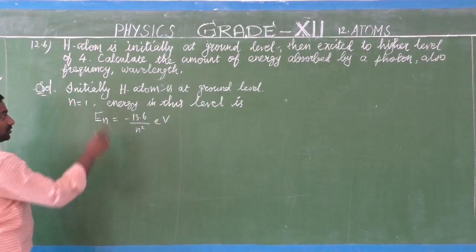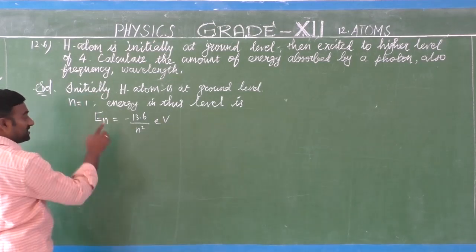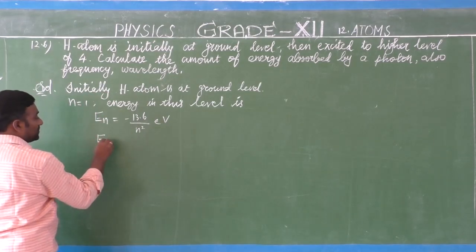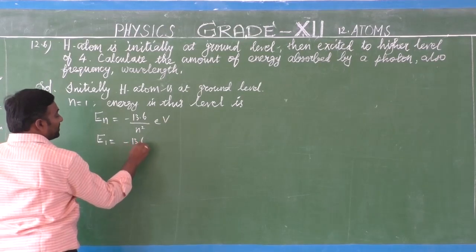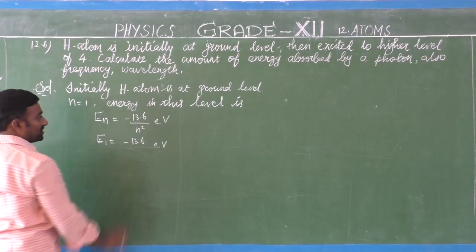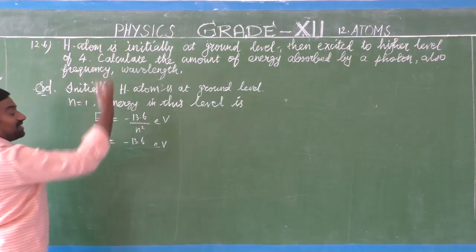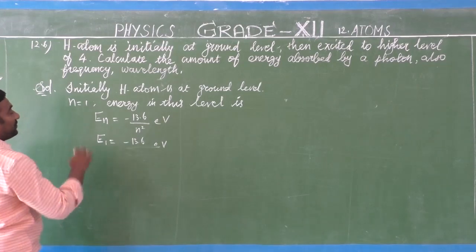This is a formula. At the initial condition, the hydrogen atom is in the ground level, so n is equal to 1. Substituting, E1 is equal to minus 13.6 by 1 square electron volt. Similarly, the hydrogen atom absorbs the energy and goes to 4.